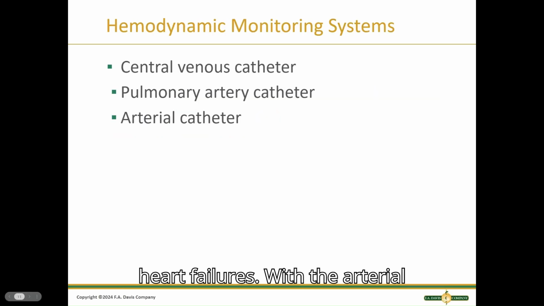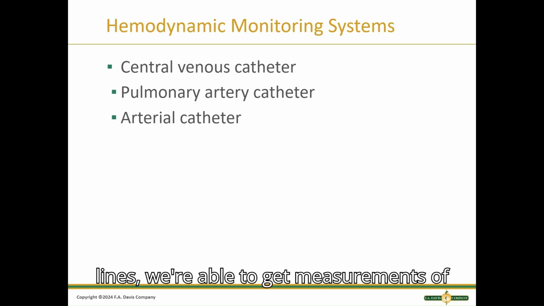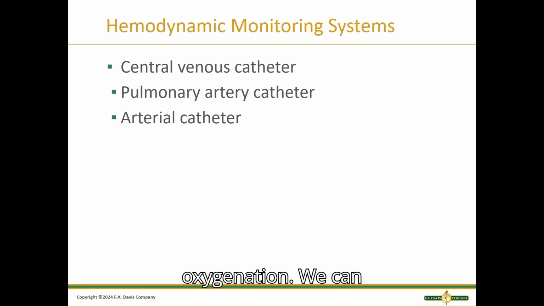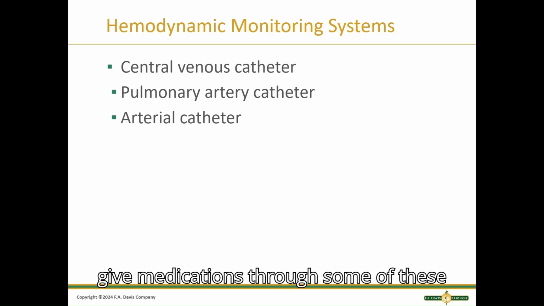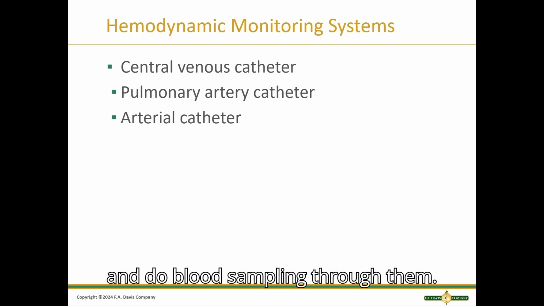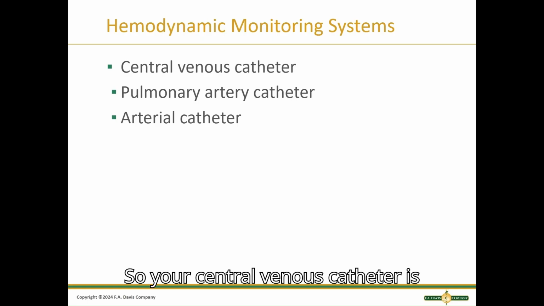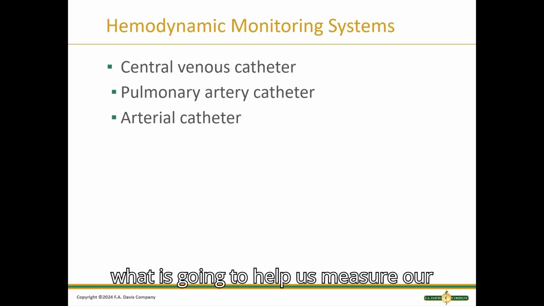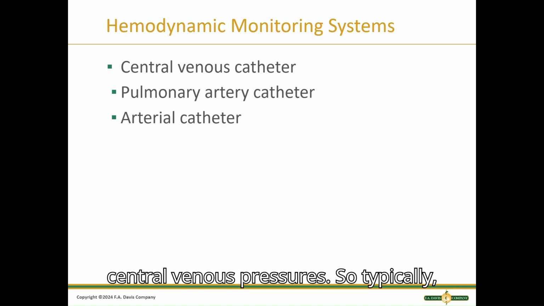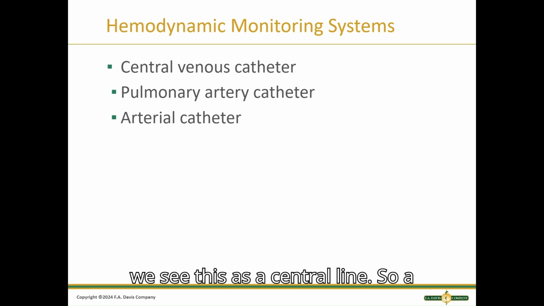So how are we going to measure this? We're going to have 3 different types we'll talk about: a central venous catheter, a pulmonary artery catheter, and an arterial line catheter. The hemodynamic line refers to just a line that we are going to be inserting into the vessel that usually measures from the heart.